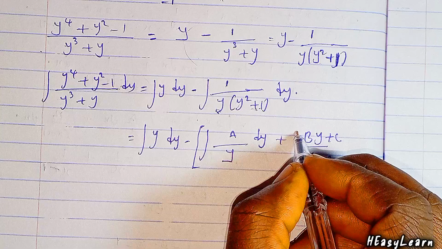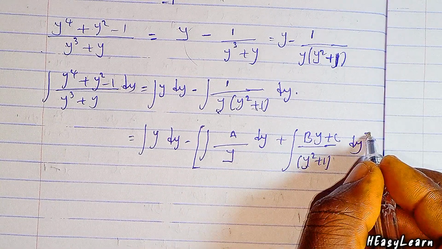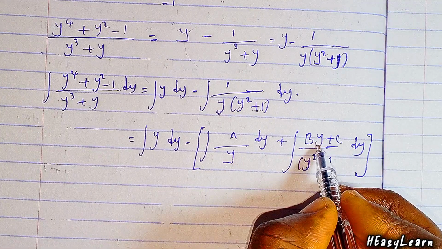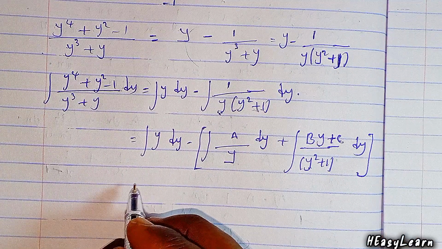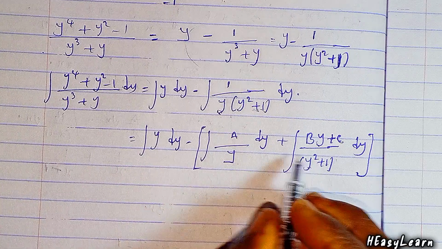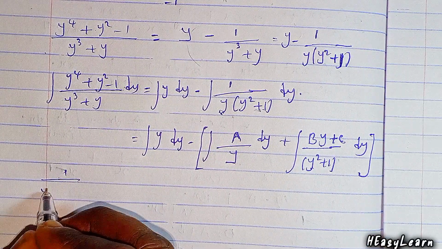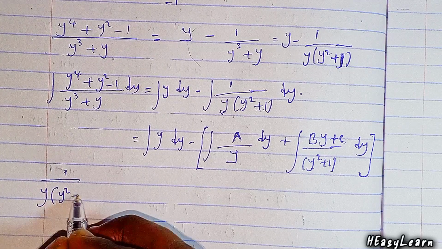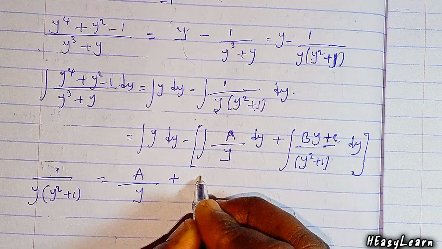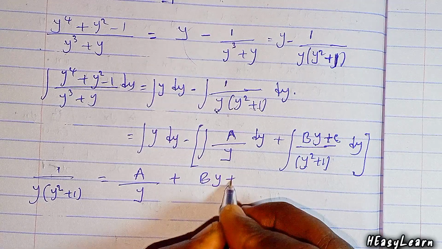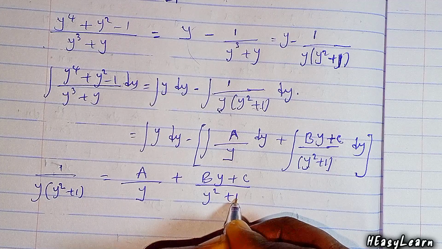This is how to find the integral if the denominator is squared. If you do not put y here, we are not going to have the corresponding answer. So you are going to find the undetermined coefficients a, b, c. This is the same thing as a divided by y plus by plus c divided by y squared plus 1.